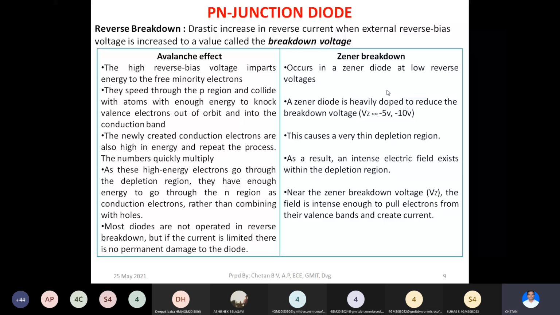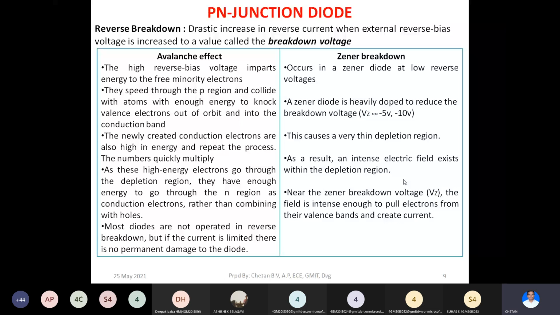So in Zener breakdown, the effect is not initiated by the minority carriers, because the width of the depletion region is very small. A small voltage like 5 volt or 10 volt is sufficient to produce an intense electric field, and high reverse current will flow.